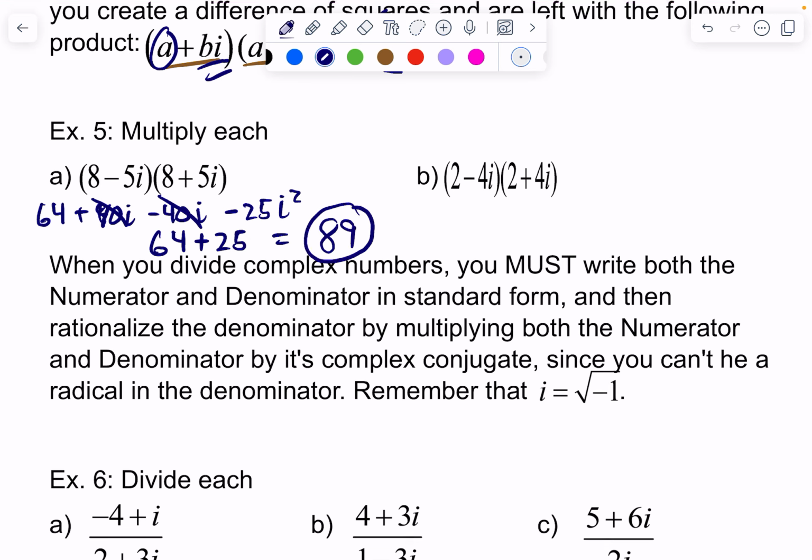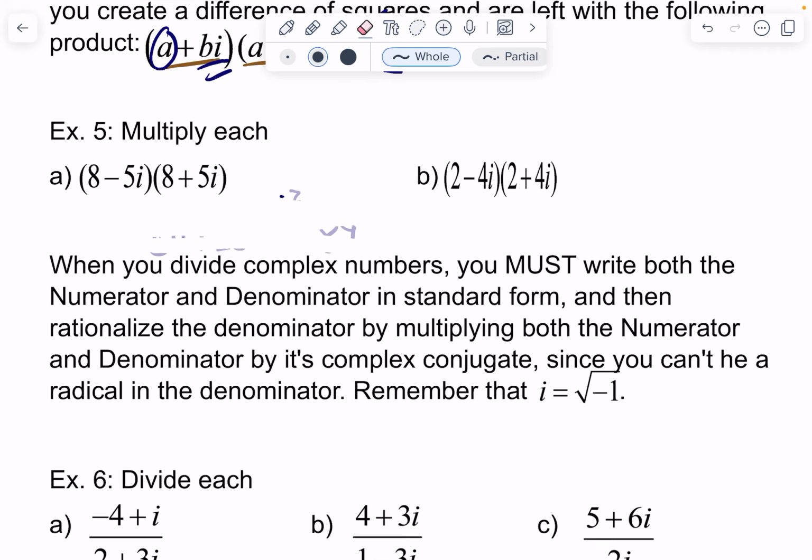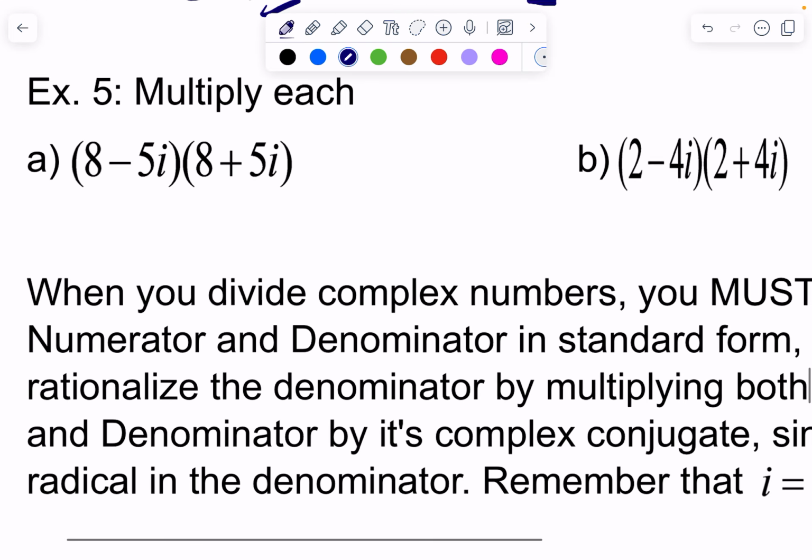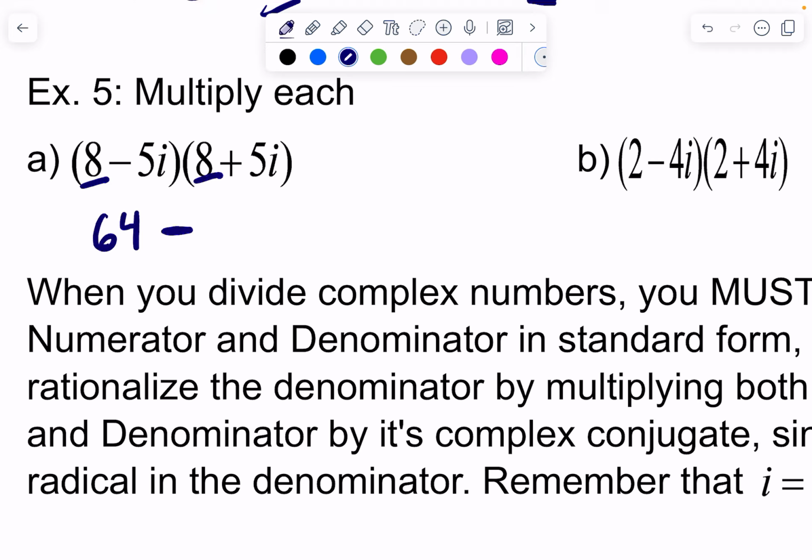Now, that is going the long way, and there's not a single problem with that. However, wouldn't this be a lot easier if you just remembered the difference of squares? Hey, wait a second. These are the same exact binomials, but one is being added, one is being subtracted. So I'm going to take my first term and square it. That's 64. Minus my second term, which is 5i, and square it.